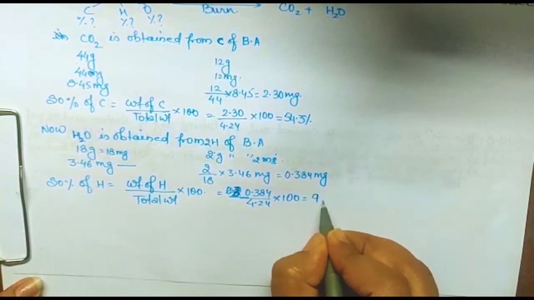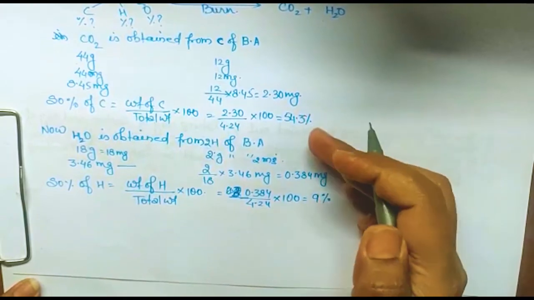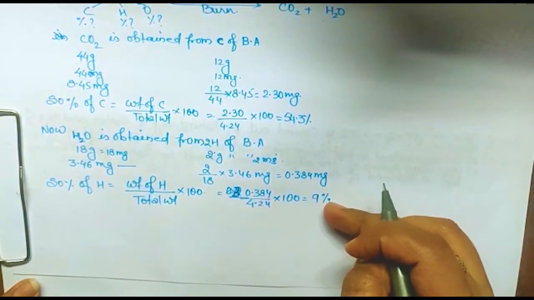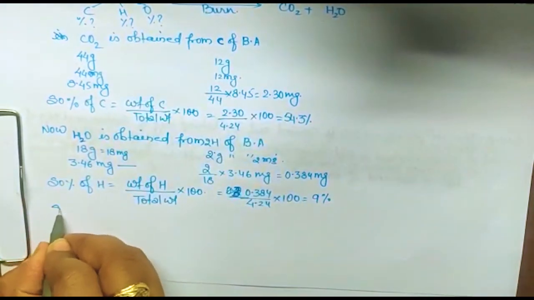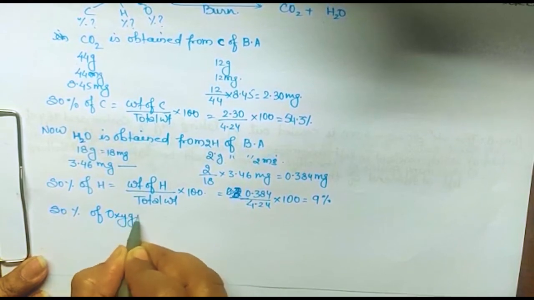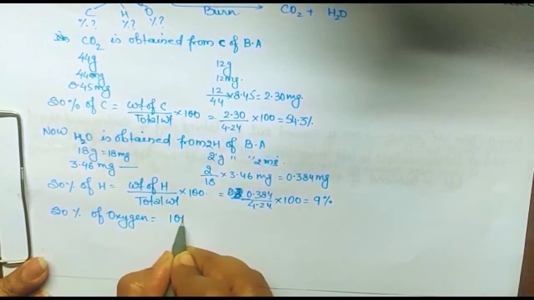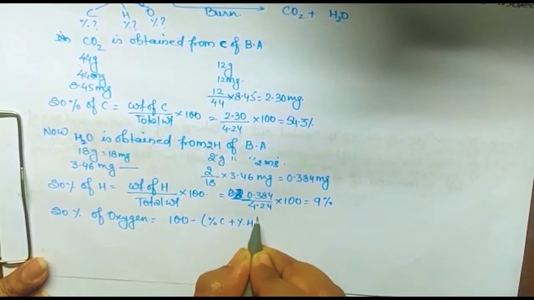This is coming 9%. Okay. So the total is not 100%. Carbon is 54.3 and hydrogen is 9%. So obviously something else is there. What? Oxygen. So the percentage of oxygen is equal to 100 minus (percentage of carbon plus percentage of hydrogen).